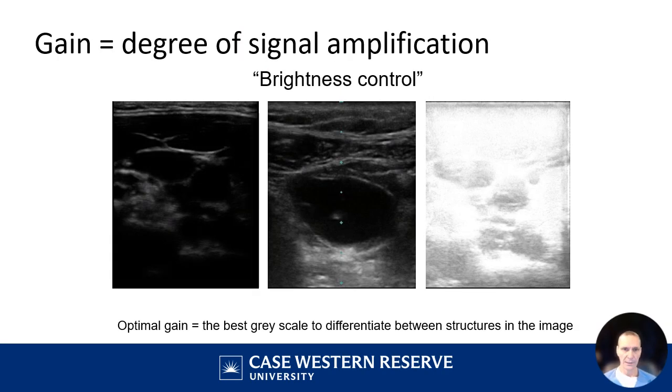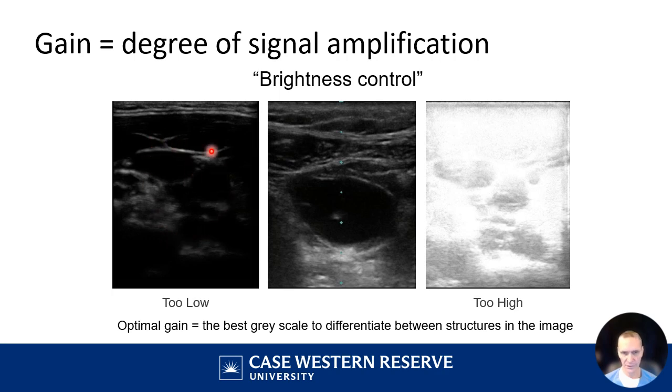So gain. What is gain? Gain is the amplification of ultrasound signals your transducer receives. Each echo gets turned into a lighter or darker pixel on your machine, and gain dictates how much that is amplified. So here, the move to make is to turn the gain up.